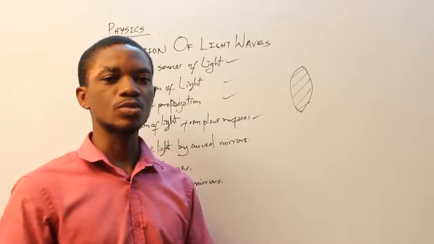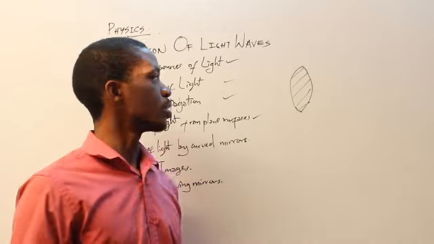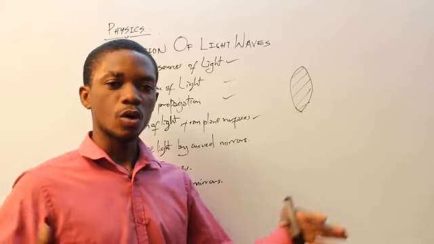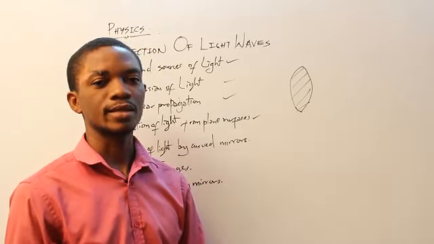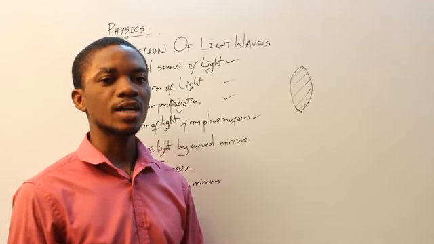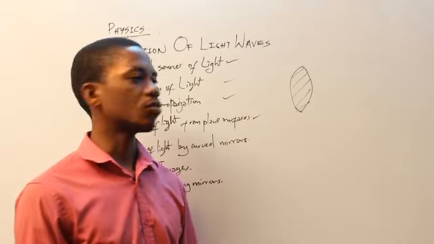So the convex lens has the power to converge light.